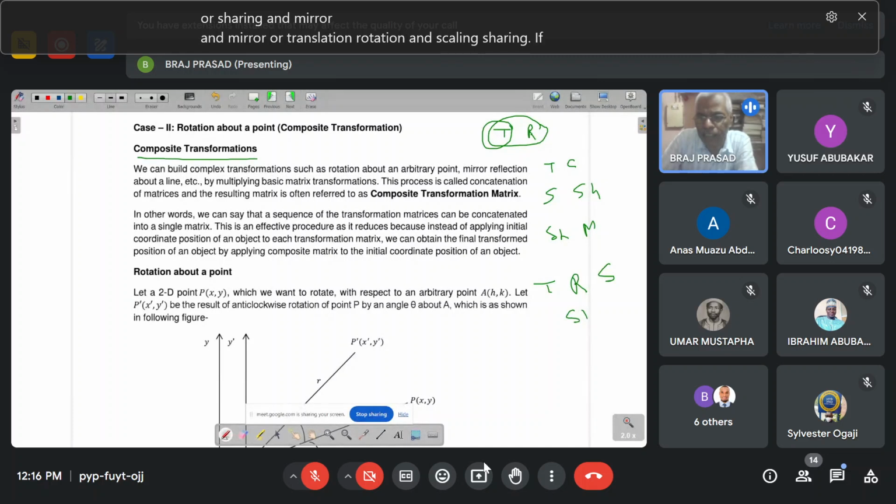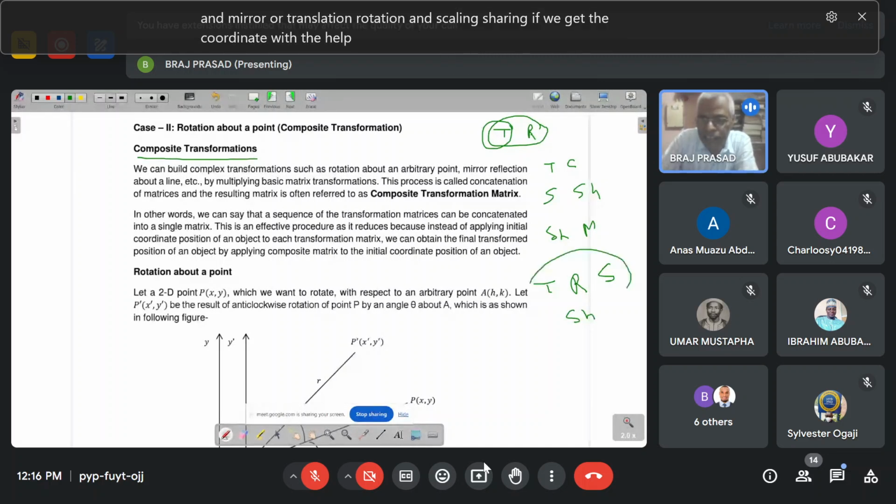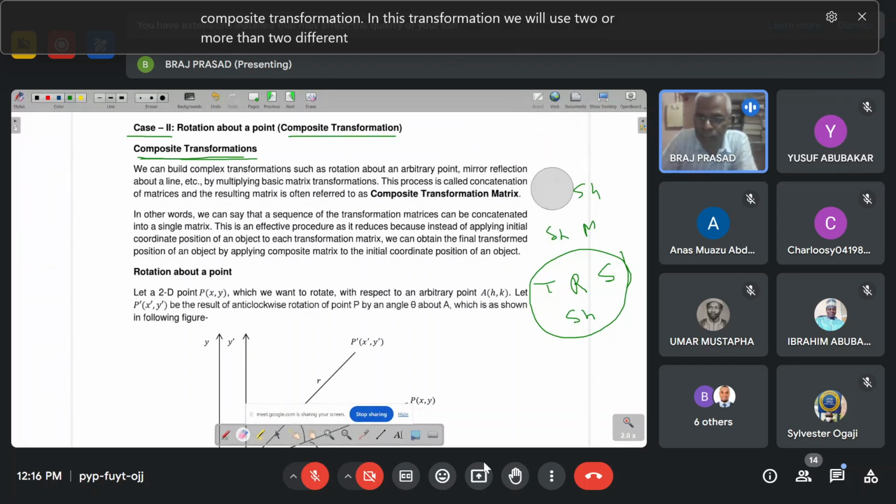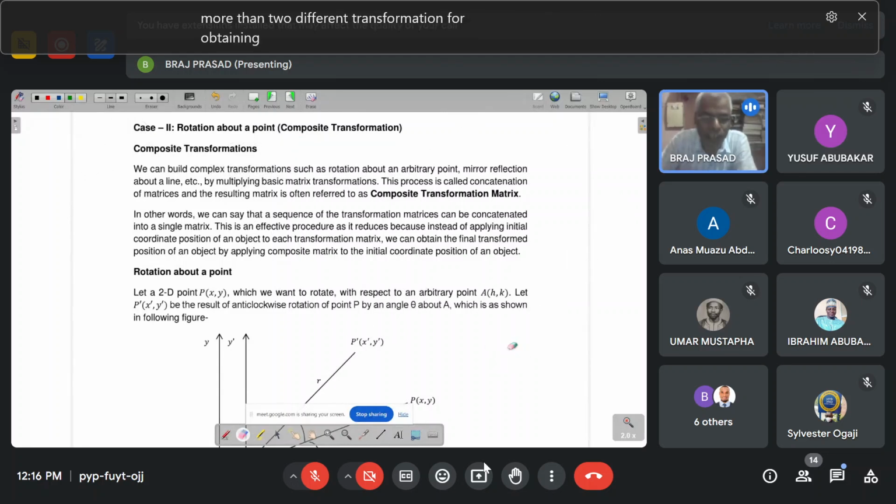If we get the coordinate with the help of all these transformations at a time, then it is called composite transformation. And this case 2 is based on composite transformation. In this transformation, we will use two or more than two different transformations for obtaining the new coordinate of the object.